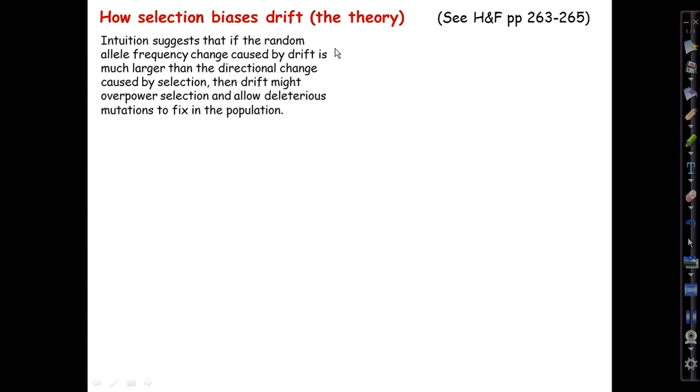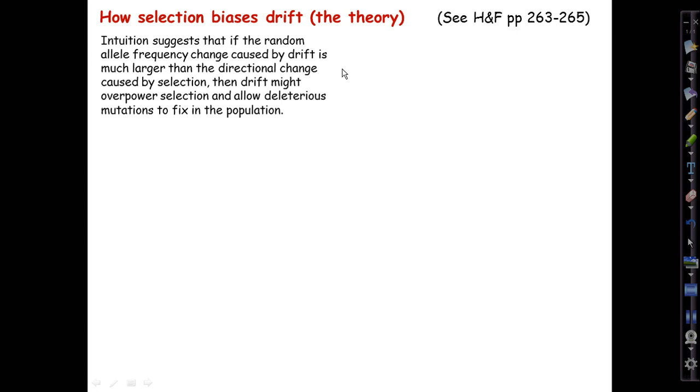So to understand this finding, which is exactly what we expect thanks to theory, we need to briefly meet the theory. This is explained in Heron and Freeman on pages 263 to 265.